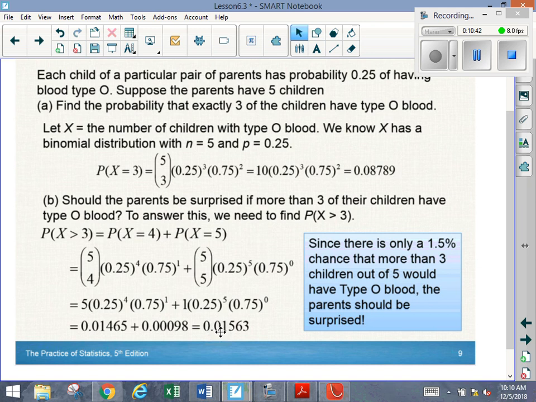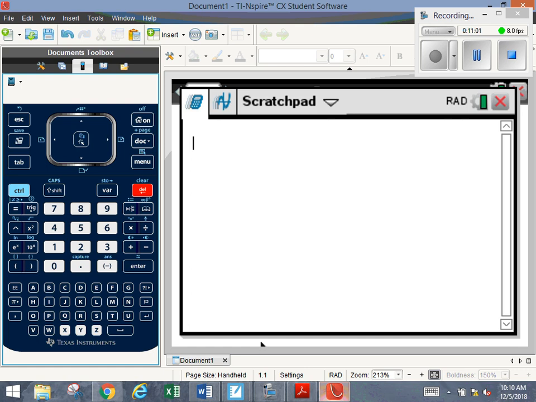In this case, n is 5, p is 0.25, and x is 3. So we can do all of this on our handy-dandy calculator, saving us loads of time and effort, by hitting menu.